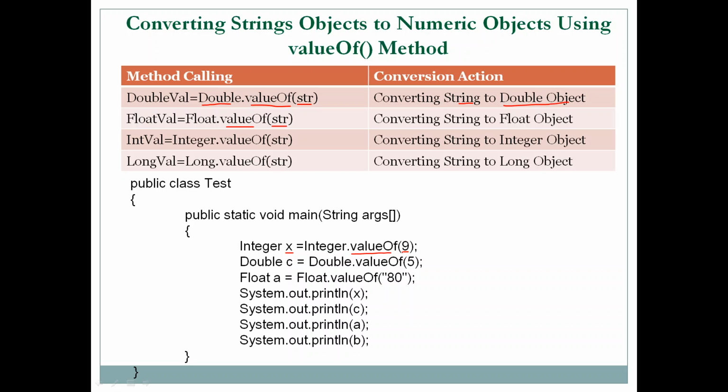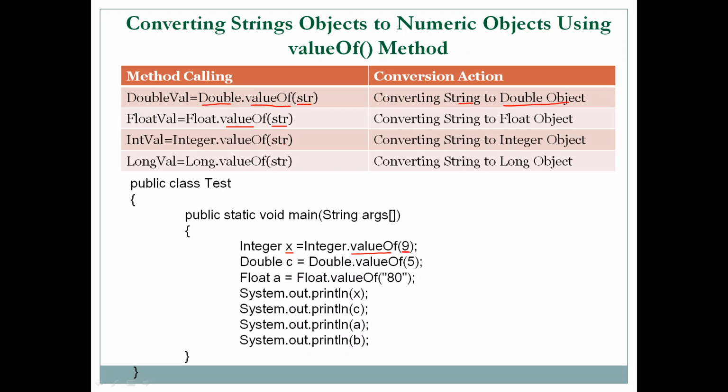Integer x equals Integer.valueOf(9). Now you may say we are not passing a string here. In the table we have seen everywhere we are passing a string, but the valueOf method can be used with other types also. Not only string, I can convert primitive double into object Double, primitive float into object Float, primitive int into object Integer by using the valueOf method.